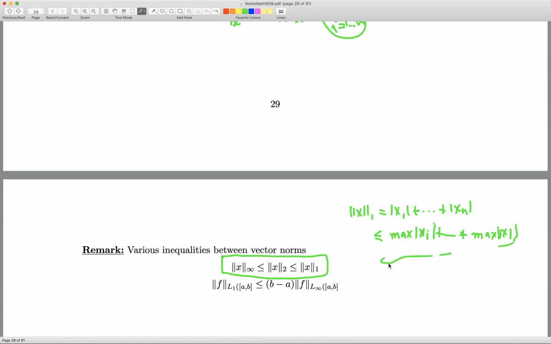But the maximum of the absolute value of xi is the norm of x infinity, so this is norm of x infinity plus and so on plus norm of x infinity, which is equal to n times the norm of x infinity. So what we showed here is that the 1 norm of x is less than or equal to n times the infinity norm of x.